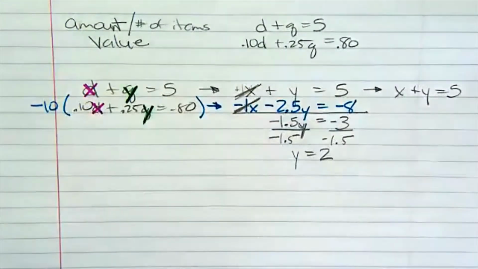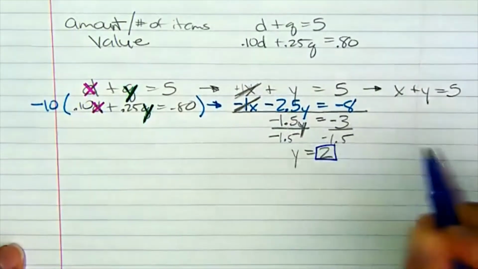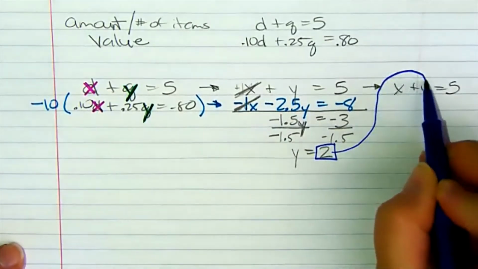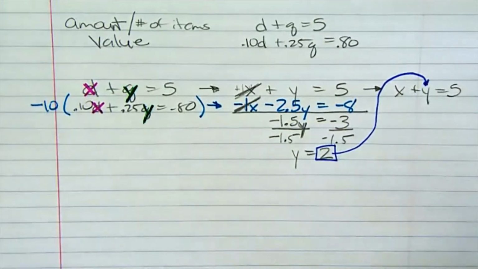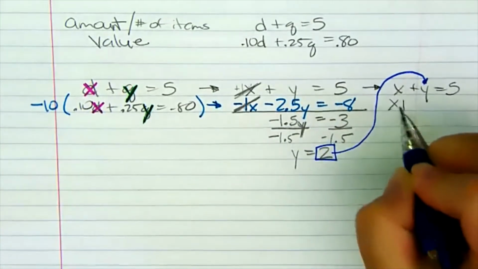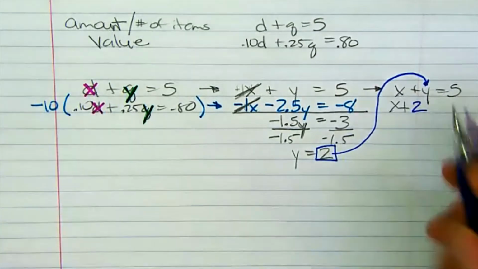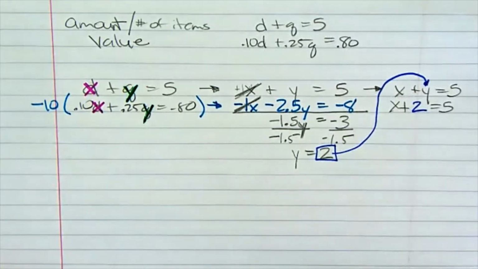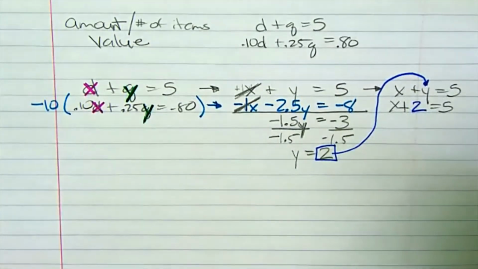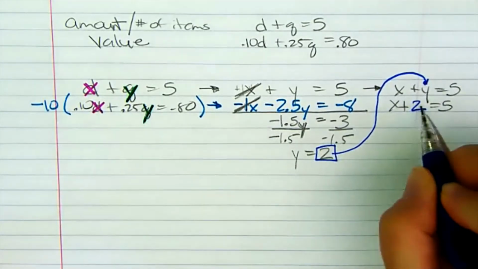And I am going to substitute this 2 for y. So x plus 2 equals 5. I want to isolate my x, so I'm going to get rid of this positive 2.